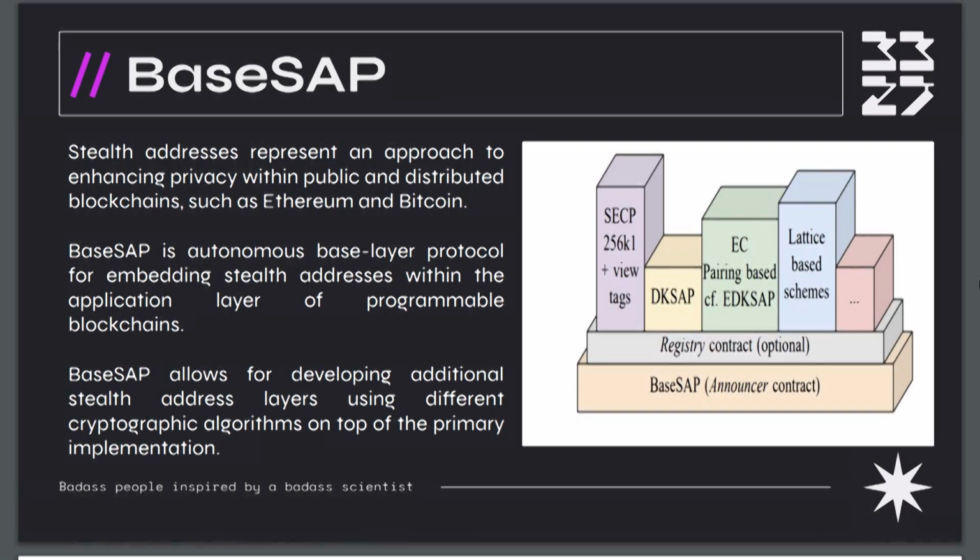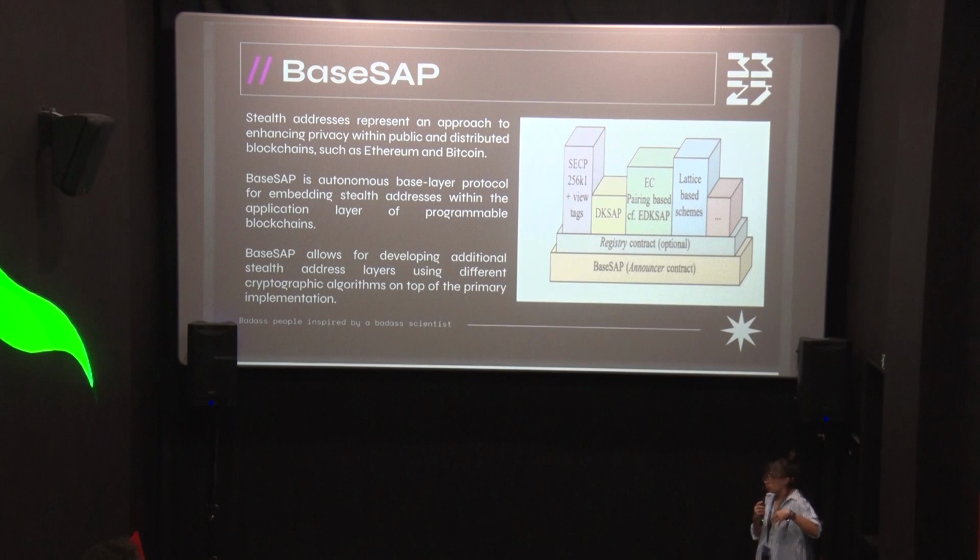They use the dual key stealth address protocol, this elliptic curve, and also a view tag. The view tag is here just for optimization reasons. But also, we can see on top of this, they wanted to have different schemes that use elliptic curve pairings and, of course, lattice-based schemes. So they want to have post-quantum schemes. And this was our motivation.